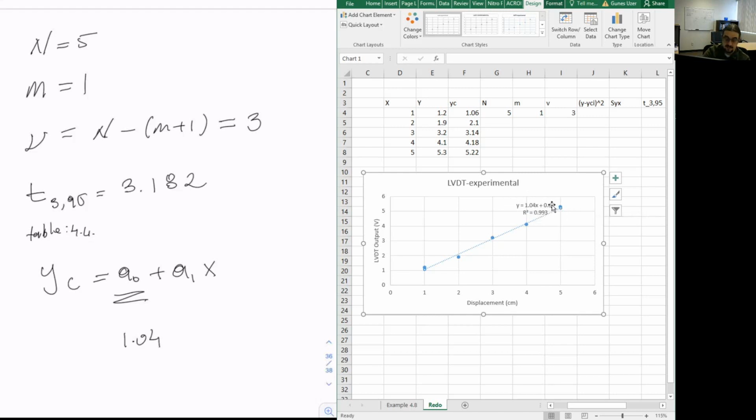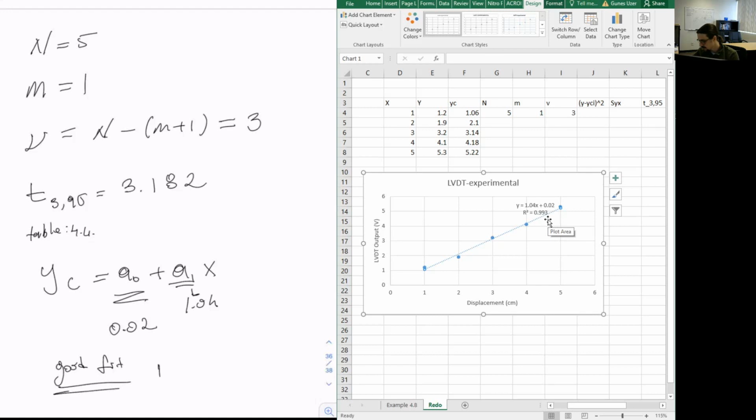And then, I'm sorry, my a0 was the other one. It inverts it in there. So my a0 was 0.02, and my a1 is going to be 1.04 times x. And our r square was 0.993, so that means that it is a good fit.